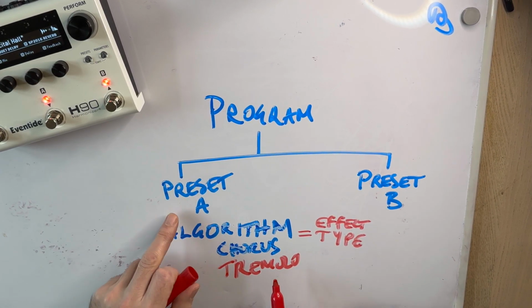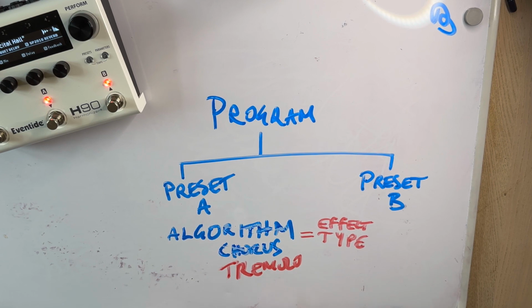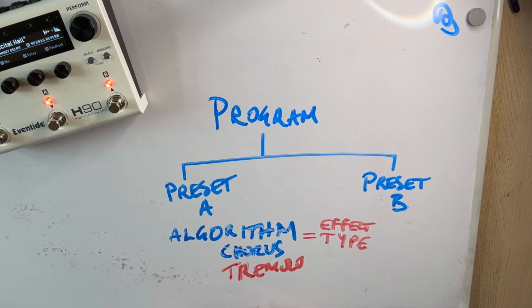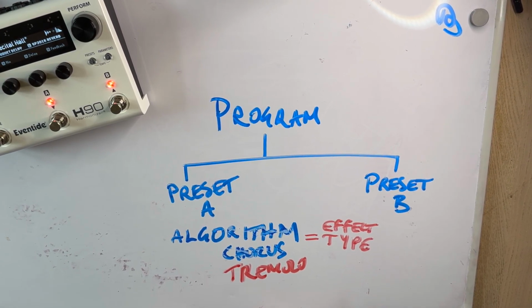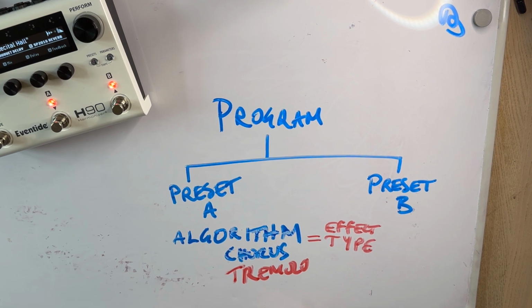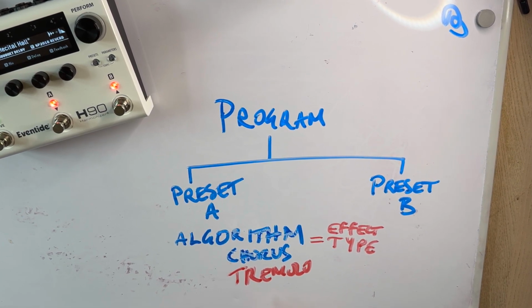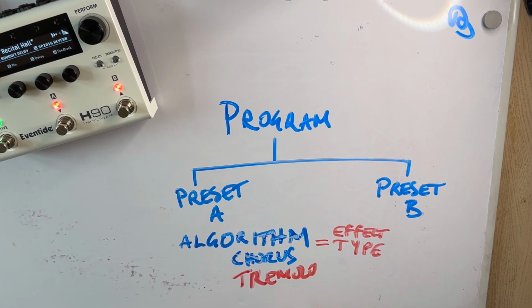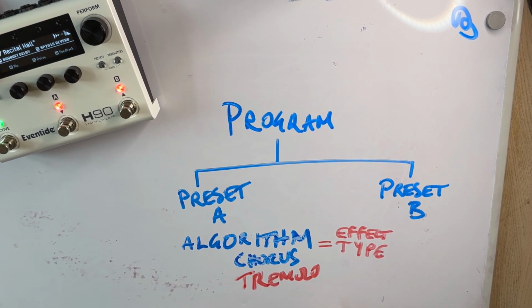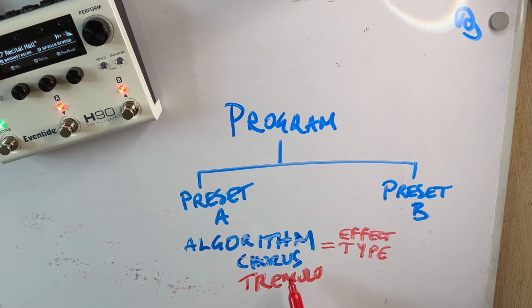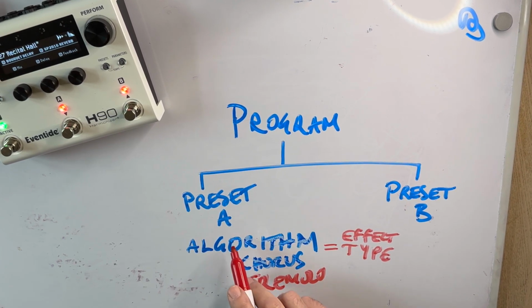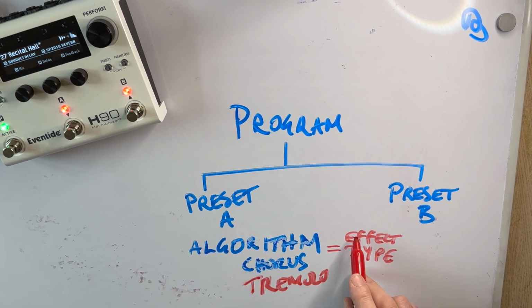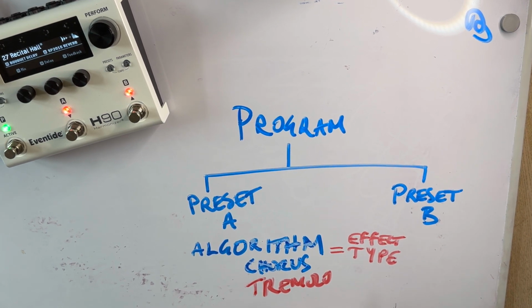A preset is an effect type that has got settings made on it. I'm going to call them parameters because it sounds fancy, but just if you turn the knob to say I want some more of something on your tremolo effect and then save it, it's a preset, and the preset is an effect type with some settings.